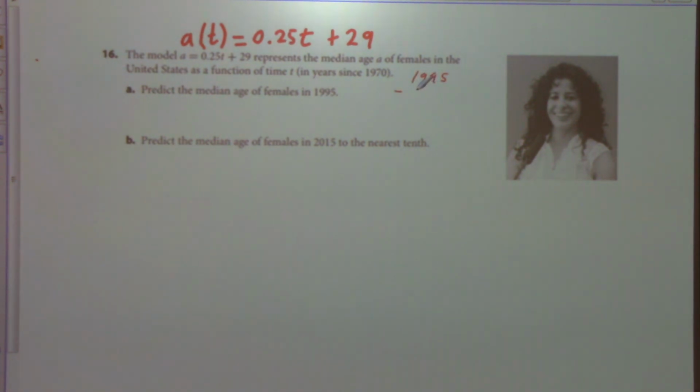And we subtract out how many years, Gabby, did you say? 25. Okay, so 25, so we'll say A of 25 is equal to 0.25 times 25 plus 29. And what's that going to be now?